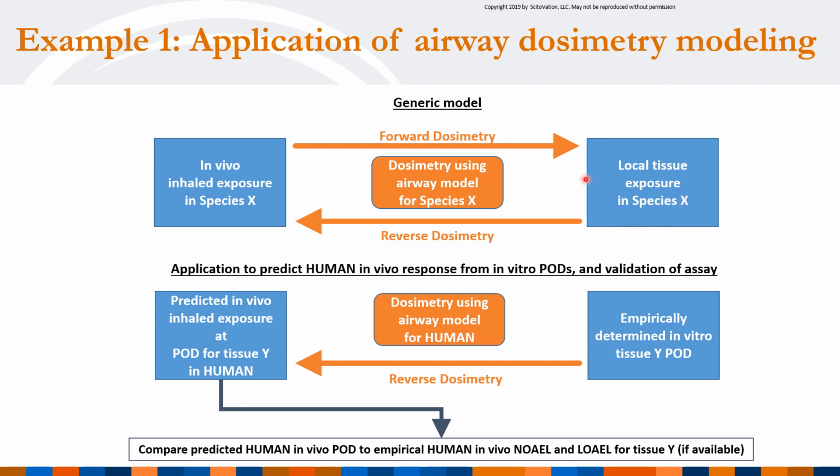Now, if we have tissue concentration, we can use the same model and do reverse dosimetry to find what's the in vivo inhaled exposure that will lead to this concentration in the tissue of interest.